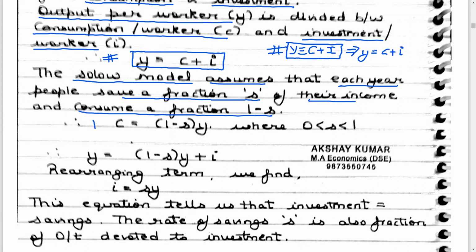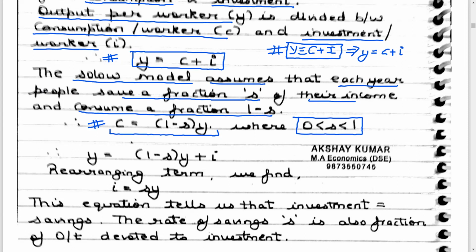So my small c, which is consumption per worker, will be 1 minus s times y, where the savings rate s lies between 0 and 1.